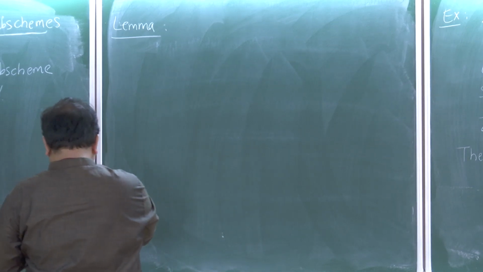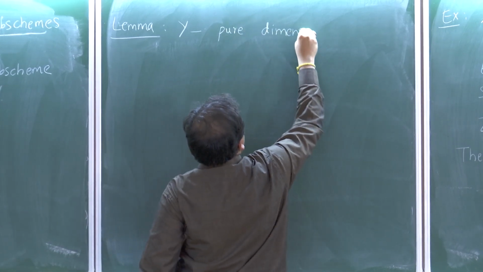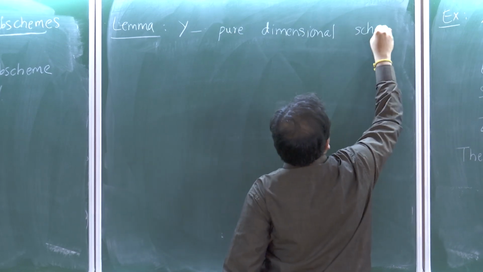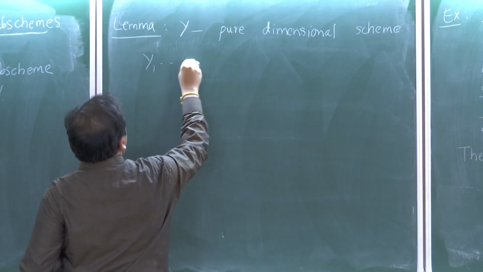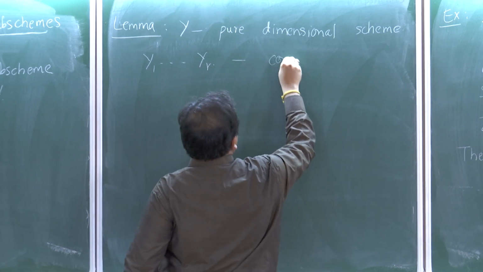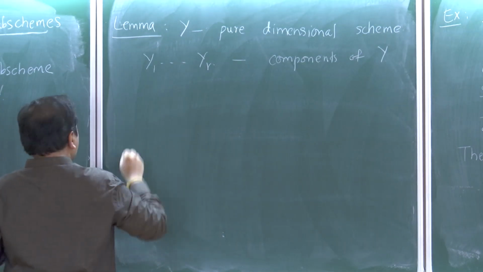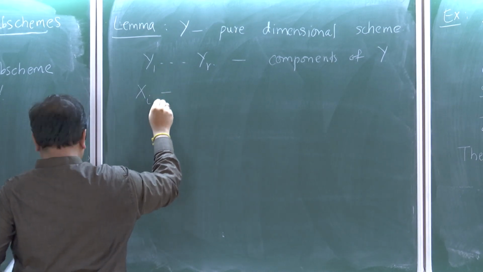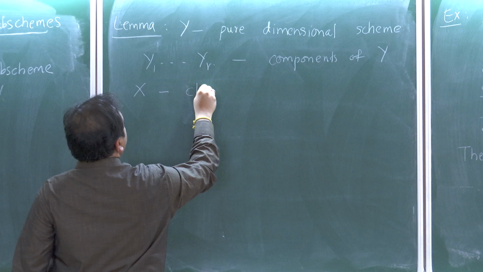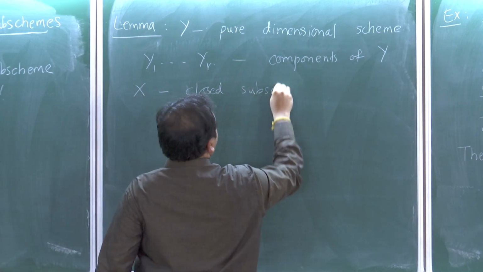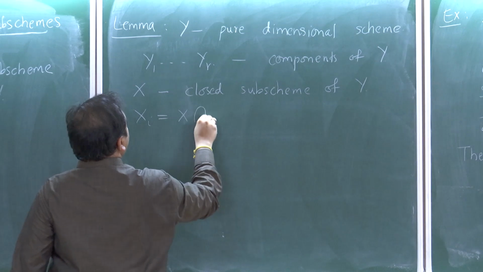So let Y be pure dimensional, and Y1 up to Yr, these are the components of Y, and X is a closed subscheme of Y, and Xi equal to X intersection Yi.